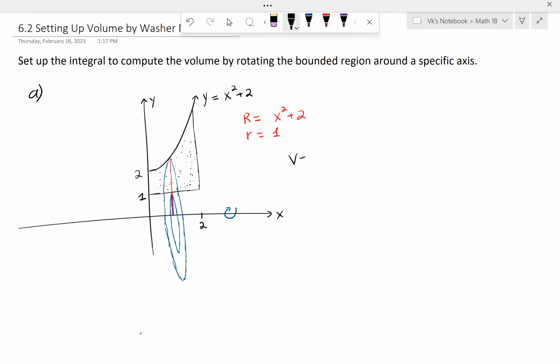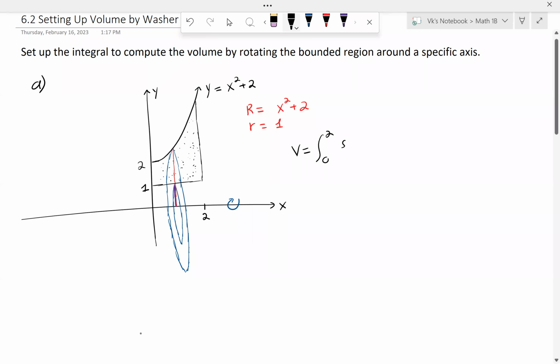The volume here is, we have to integrate the sample volume from 0 to 2. That is the volume of a washer. Integral 0 to 2.